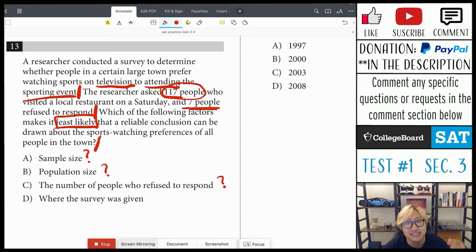If you wanted to make this survey a fair game, you had to ask some random passengers walking by and be like, yo, do you like to watch sports on TV or do you actually want to go to the event? So it's a completely flawed survey because it is not a fair place that such questions should be asked, and therefore the answer is D. Where the survey was given is the reason why you cannot make a reliable conclusion out of this survey.